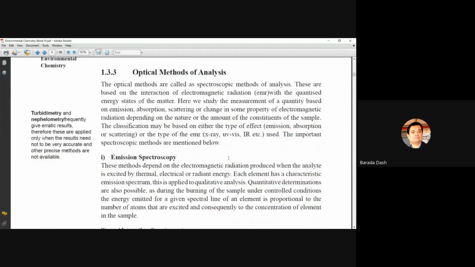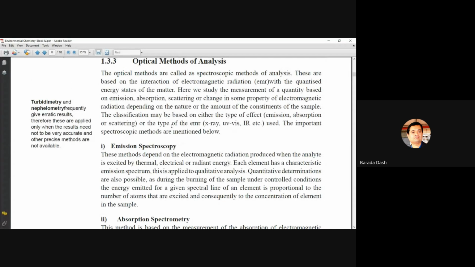Then optical methods, which are called spectroscopic methods. Spectroscopic method means that when the analyte absorbs electromagnetic radiation, it is called a spectroscopic method. It could be classified as emission, absorption, or scattering type, depending on the type of electromagnetic radiation.